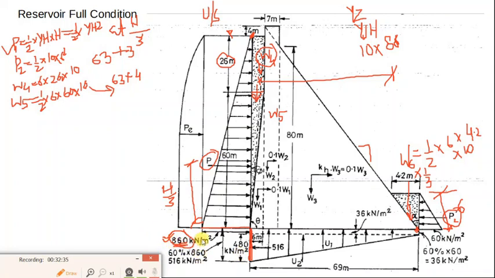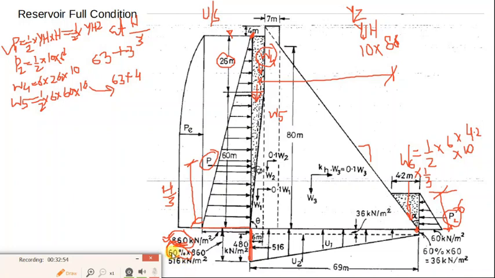If there is no value given for this percolation coefficient, then you can consider it to be 100%, that is 1.